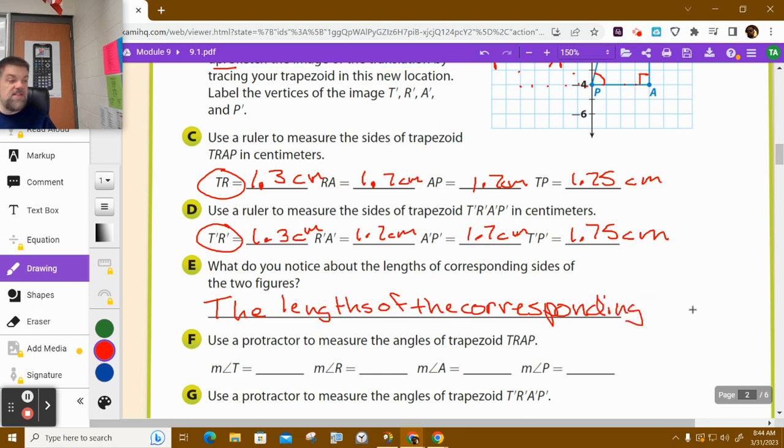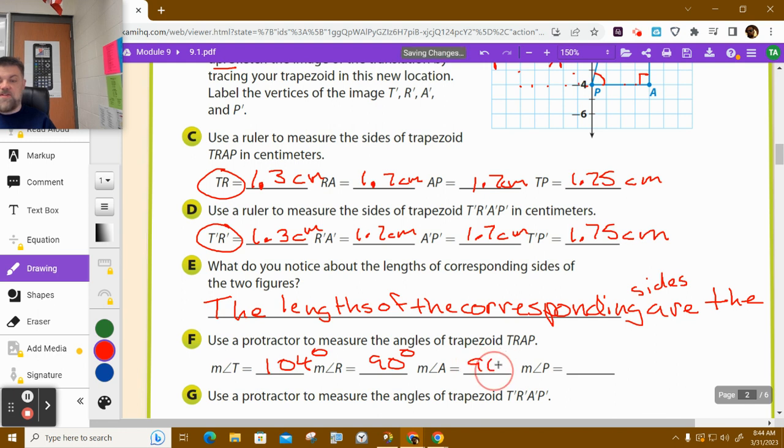Okay, the bell's going to ring in a second, I know. And then lastly, this is 104 degrees. This should be 90 degrees.